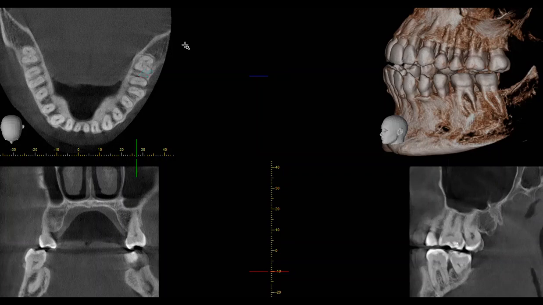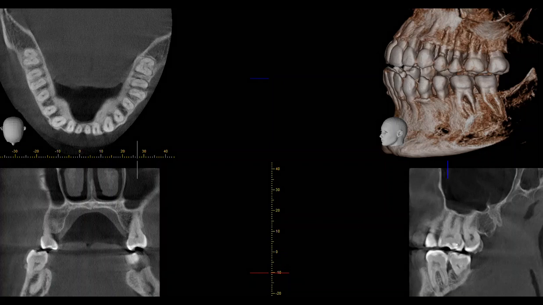In these cases, we are not visualizing the actual vertical root fracture, but instead the bone loss adjacent to the root fracture. Then, if you look at the sagittal image on the lower right, you can see the bone loss on the distal. The 3D skull reconstruction will also show you a good view of the bone loss around the root.